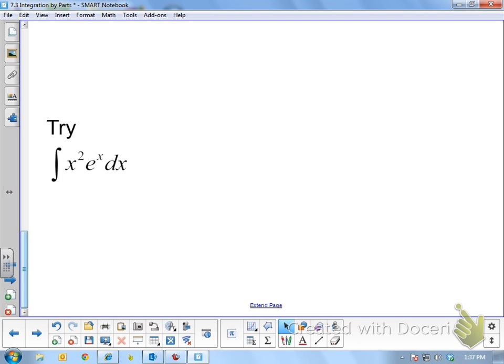So we had logarithms as first. Is e to the x a logarithm? No, it's the inverse of logarithms. We had inverse trig. Is this an inverse trig function? No. It's not a polynomial. What about an exponential? And this is exactly what we mean by an exponential function. Exponential function is a number raised to a variable. And e is just a number.